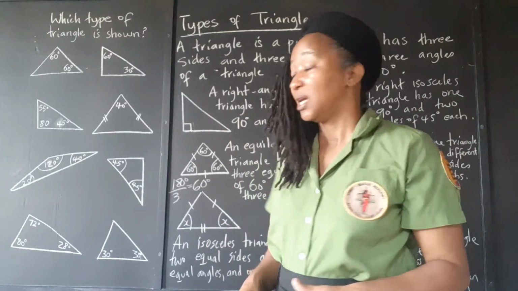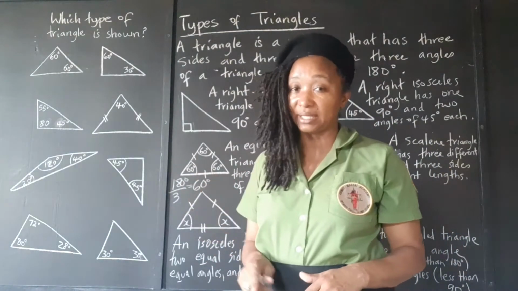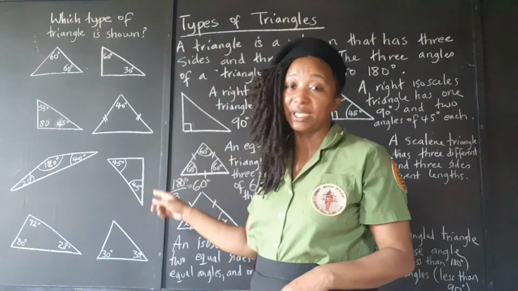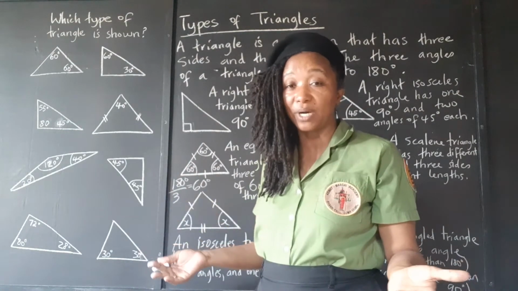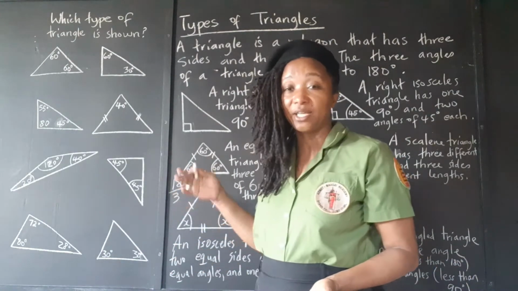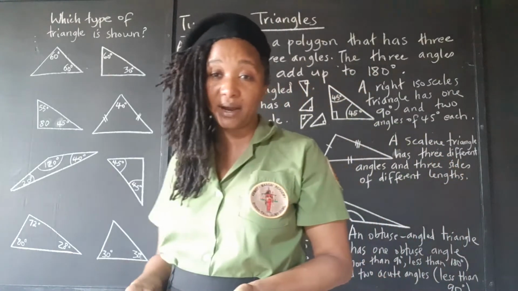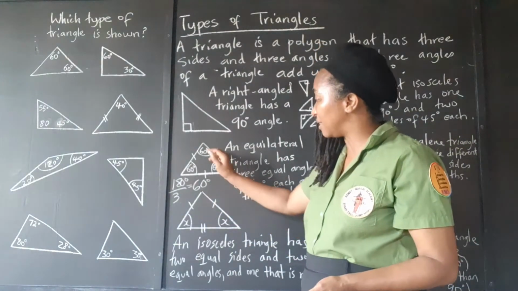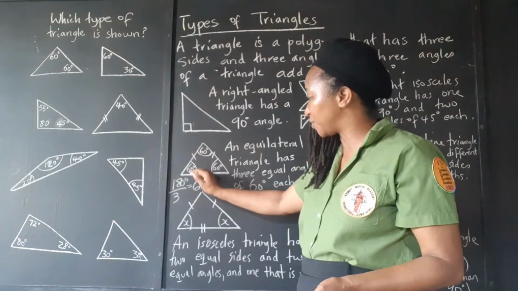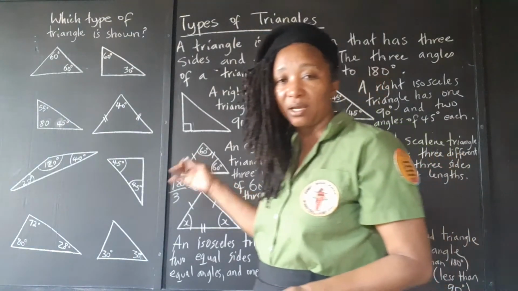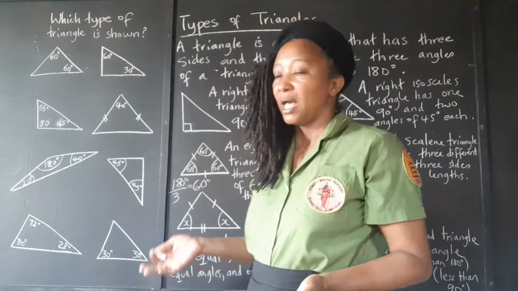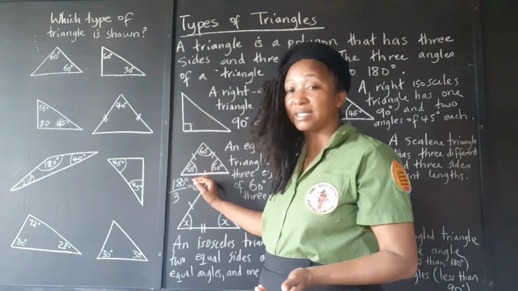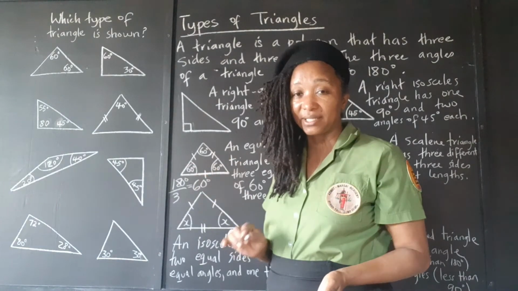So the equilateral triangle always will have 3 angles of 60 degrees each, because they must add up to 180, and if we divide 180 into 3 equal parts, we get 60. These strokes along the sides of the triangle: once you're looking at a polygon or any object and you see these strokes drawn, wherever you see the same number of strokes, those sides are equal.